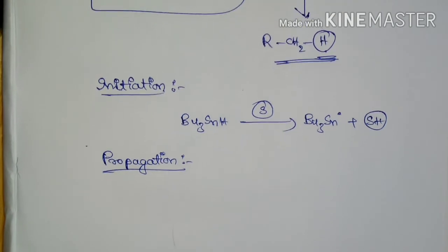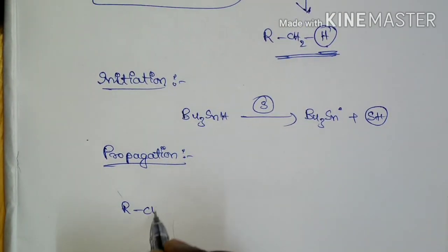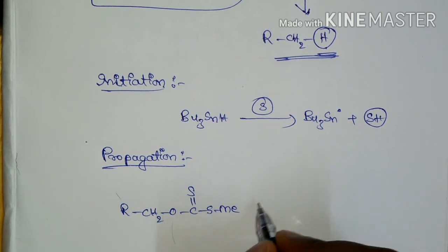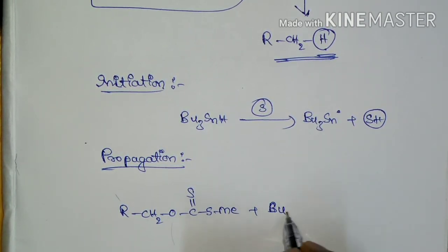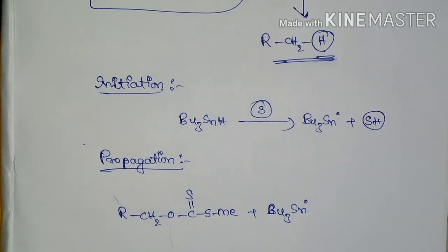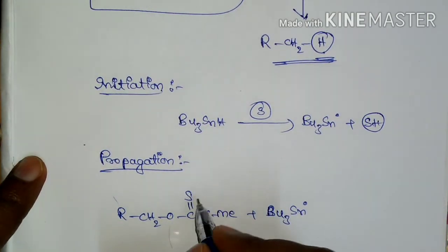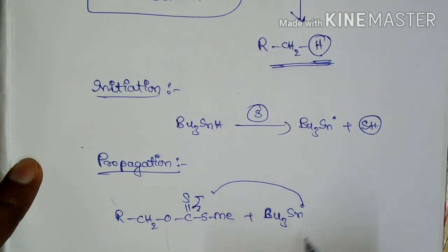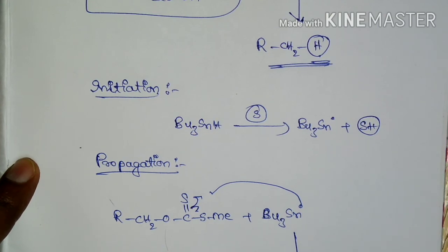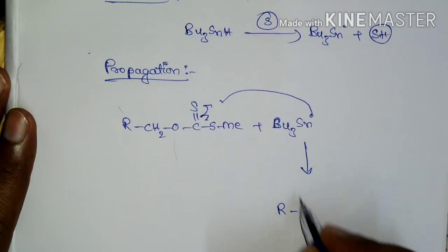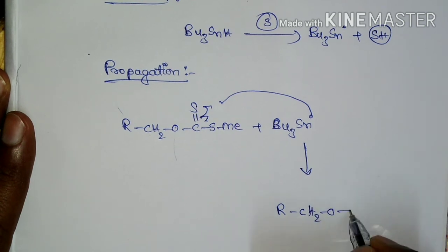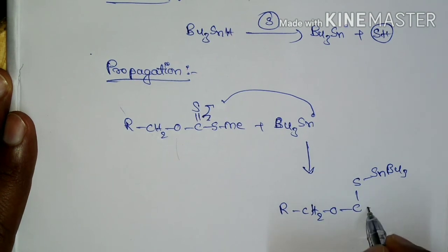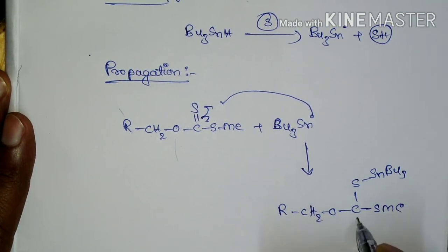The xanthate ester RCH2-O-C(=S)-SMe reacts with tributyl tin free radical. Here the radical attacks the sulfur, giving RCH2-O-C(SSnBu3)-SMe free radical.